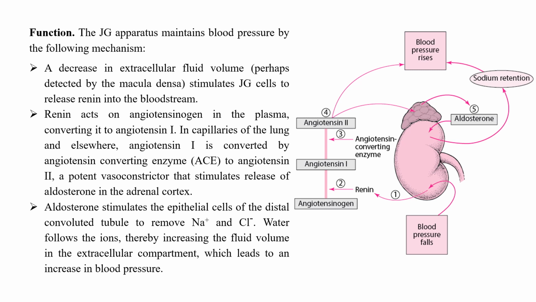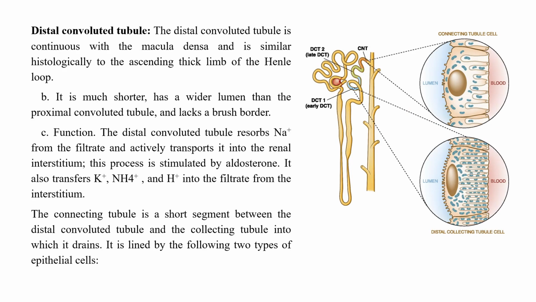So this is how water is reabsorbed from the kidneys with the help of angiotensin, and this entire mechanism is called the renin-angiotensin system, or the renin-angiotensin mechanism of control of blood pressure. There are several mechanisms by which our body maintains blood pressure, and one of the mechanisms is through the JG apparatus.